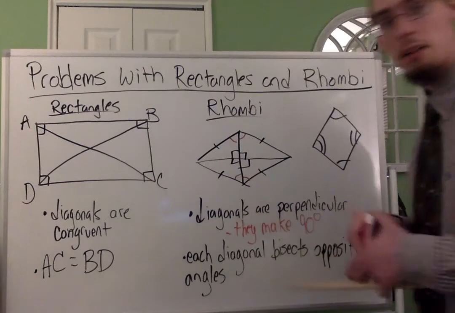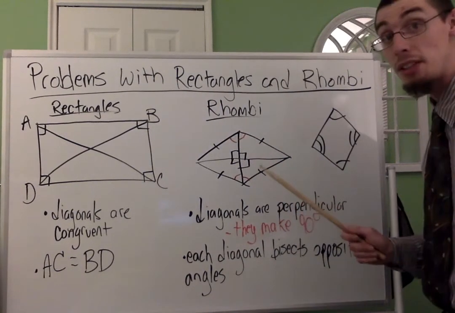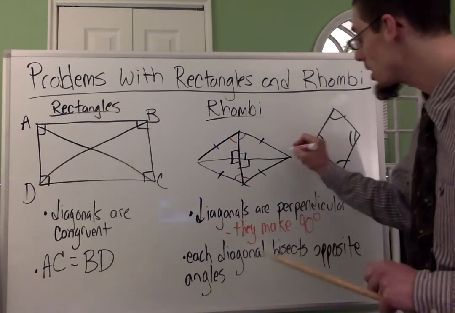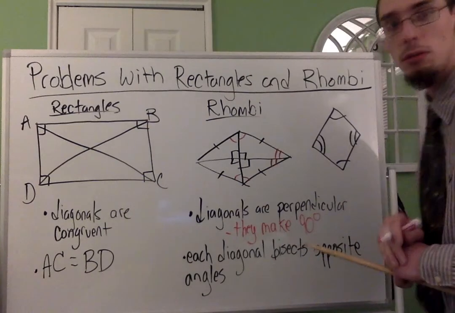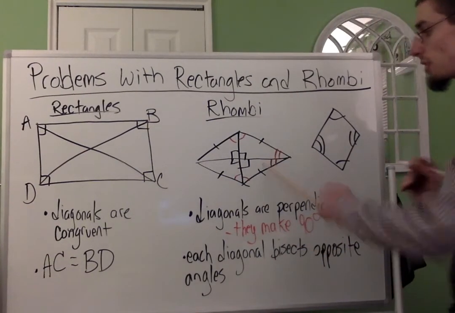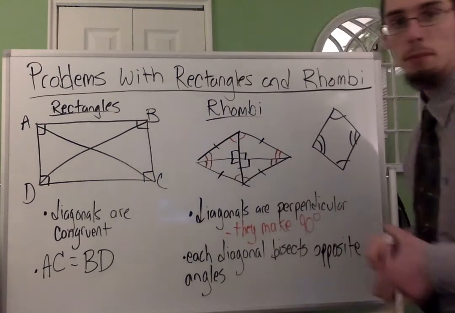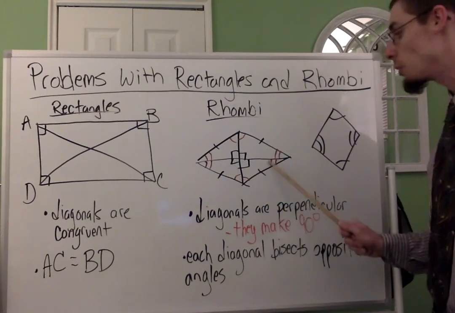So basically, all four of these angles are the same. And the same would be true here. This angle is congruent to this angle, right? These two are the same, just as these two are the same. Right? Both of these angles would be equal to both of these angles.